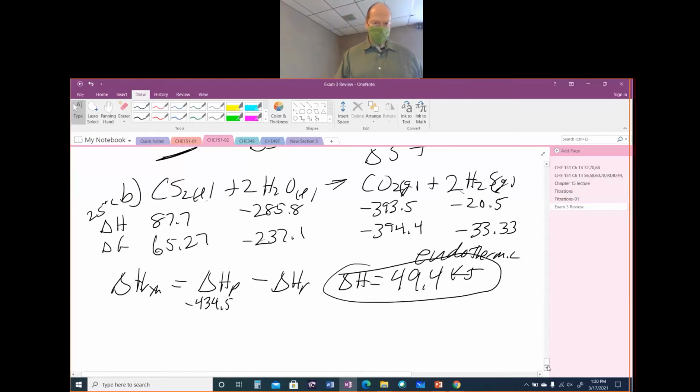All right, so then you do your delta G the same way because we're at 25 degrees Celsius. So you take your negative 394.4 plus 2 times negative 33.33.